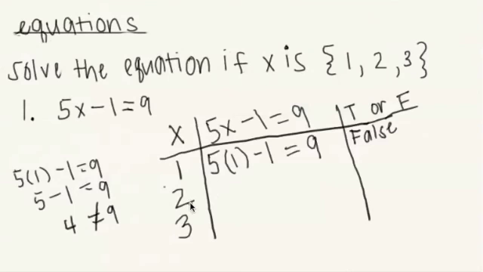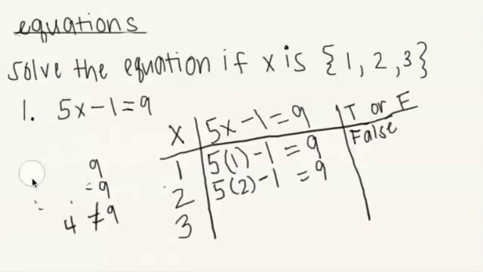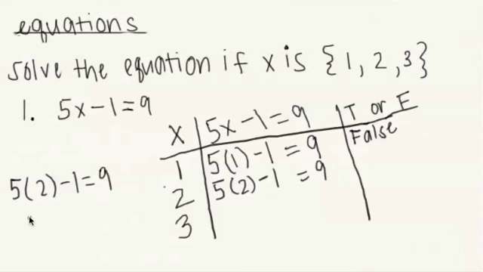And I'm just going to repeat here, same thing. So I'm moving down to the 2 now, and wherever I see an x, I'm going to be plugging in 2, because I have a 2 right here. So if I go over to the side and work this out, I end up here with 10 minus 1 is 9.